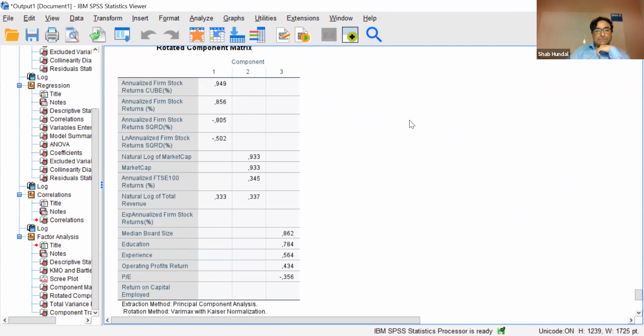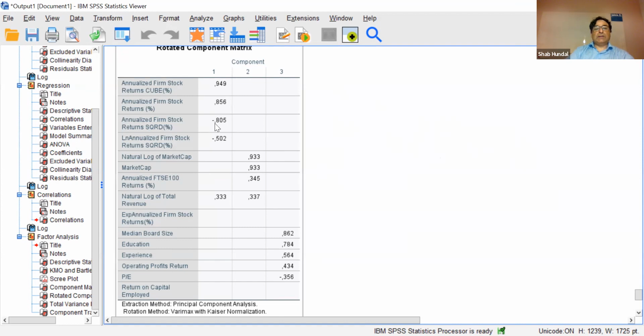And here we find that factor 1 is inclusive of all the stock market based performance measures. So you can see here that the firm stock return is here, the annualized square root, things like that, the annualized firm stock return, and the annualized firm stock return cube. So here we find that there are 4 variables which are basically combining it.